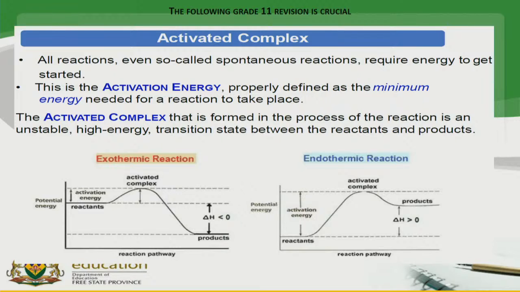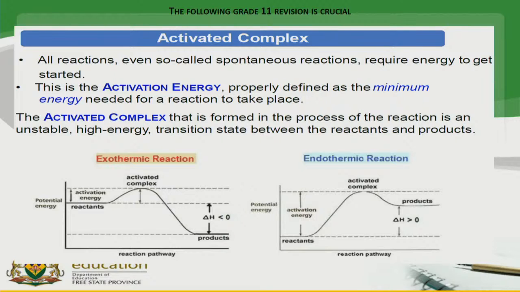I just wanted us to quickly recap on the grade 11 material about temperature, about the exothermic and endothermic reaction, about the graphs of potential energy versus the reaction pathways that will show what happens between the exothermic and endothermic reaction.